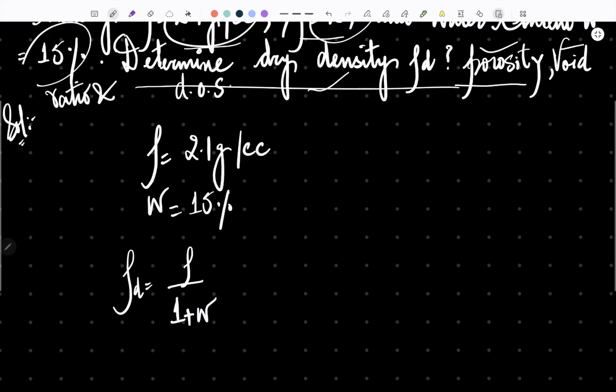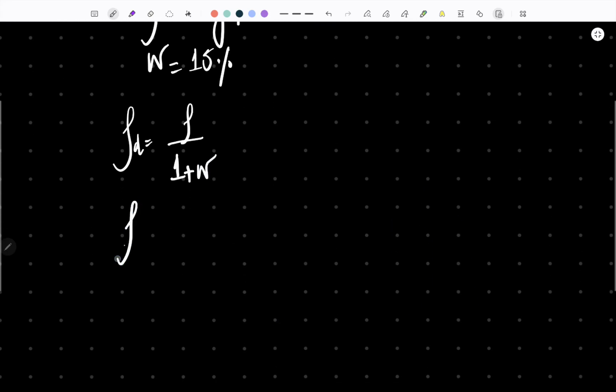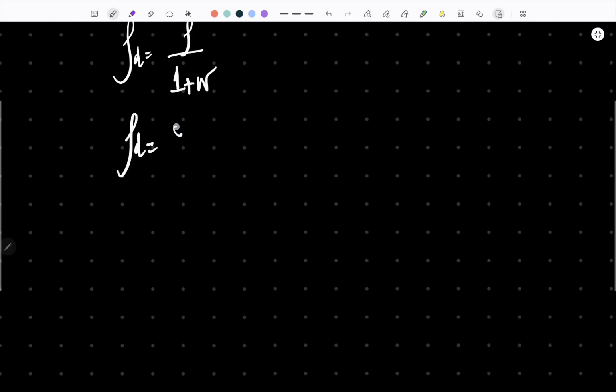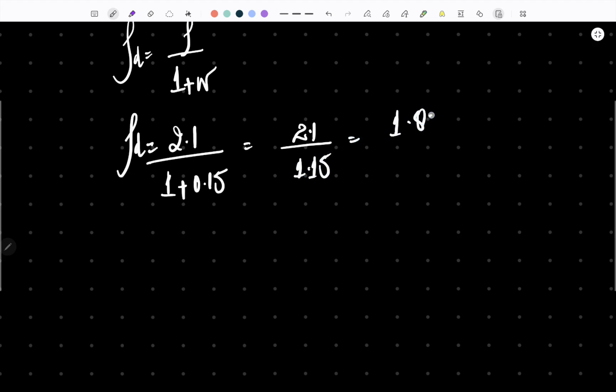So dry density in this case is equal to bulk density, which is 2.1 grams per cc, divided by 1 plus water content, which is 15%, that is 0.15. So by calculations, my dry density is equal to how much? It is 1.826 grams per cc.